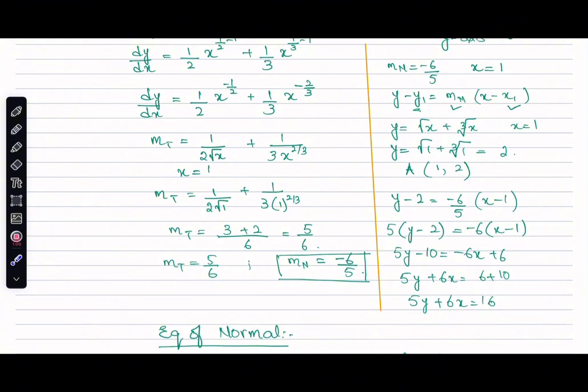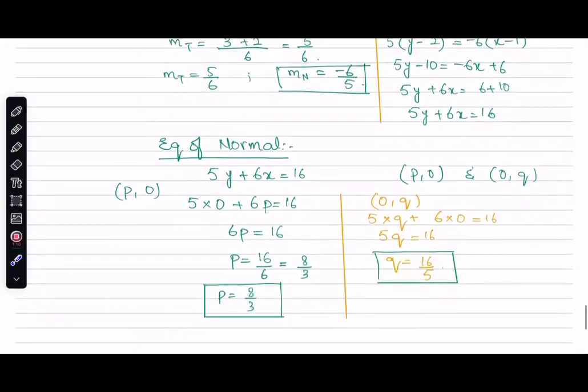This gives me 5y minus 10 equals negative 6x plus 6, or 5y plus 6x equals 6 plus 10. So the equation of the normal is 5y plus 6x equals 16.